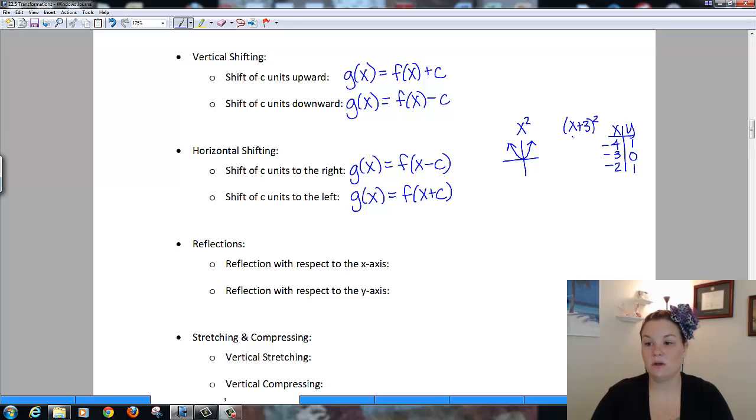So notice if I wanted to graph this, it's actually going to end up over here to the left, right? Over here at -3 is going to be my center point, and we're going to get something that looks like this. Even though inside the parentheses we were adding 3, what it did to my picture is it moved it to the left 3. The reason is that our vertex is always located at the value of x that makes the inside of that squared quantity 0.